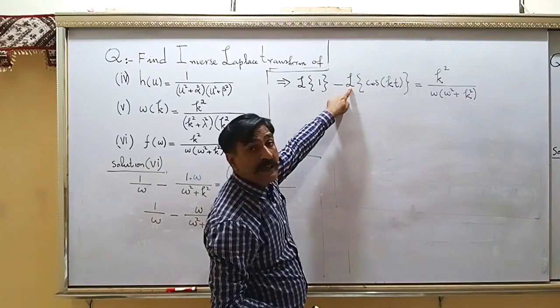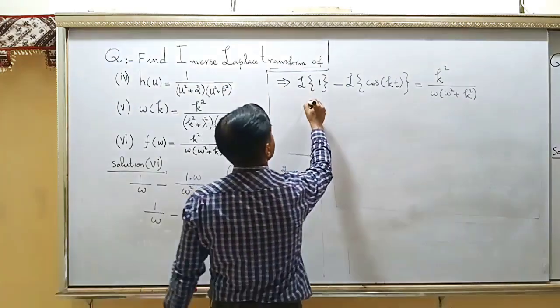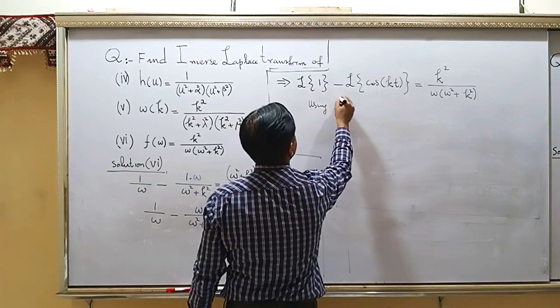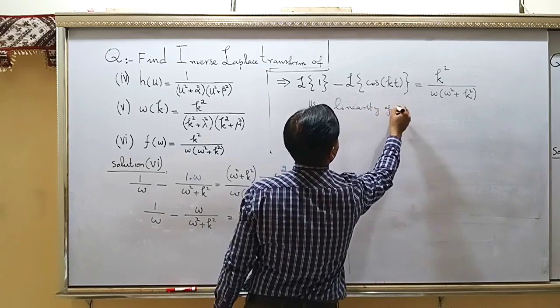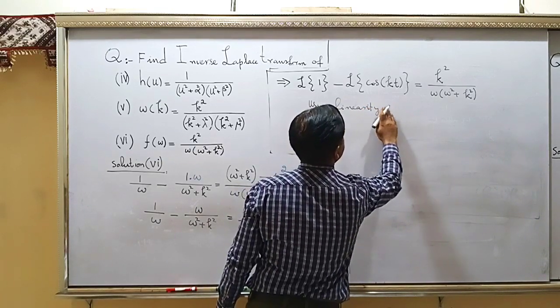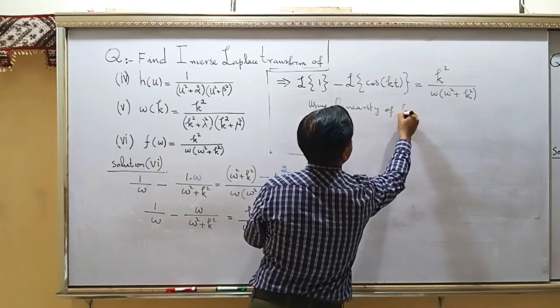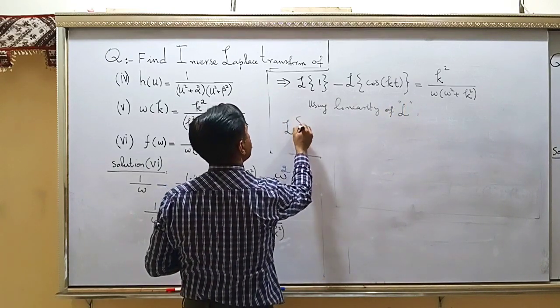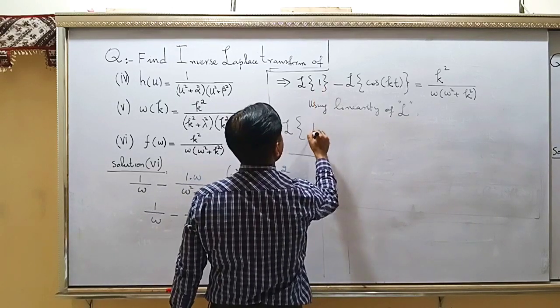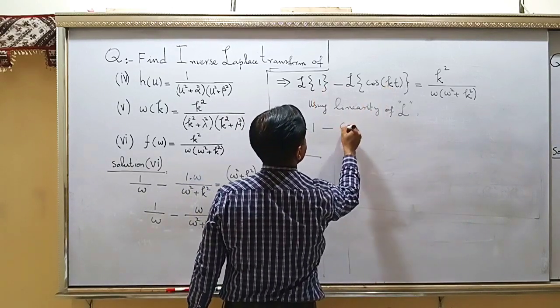Now you can use the linearity of the operator L again. This is L acting on 1 minus cos of kt.